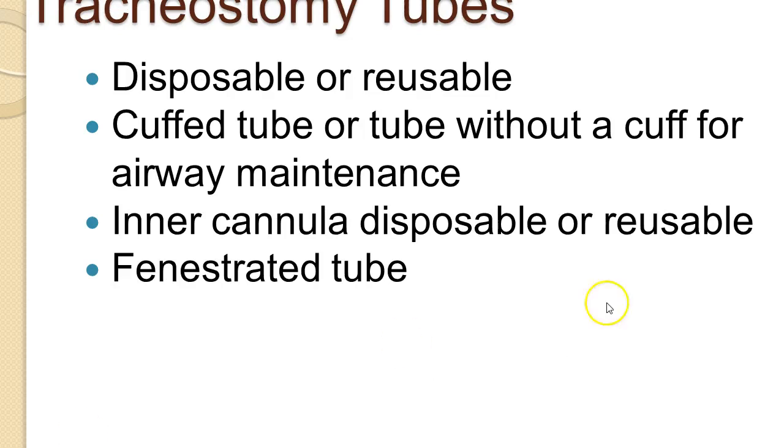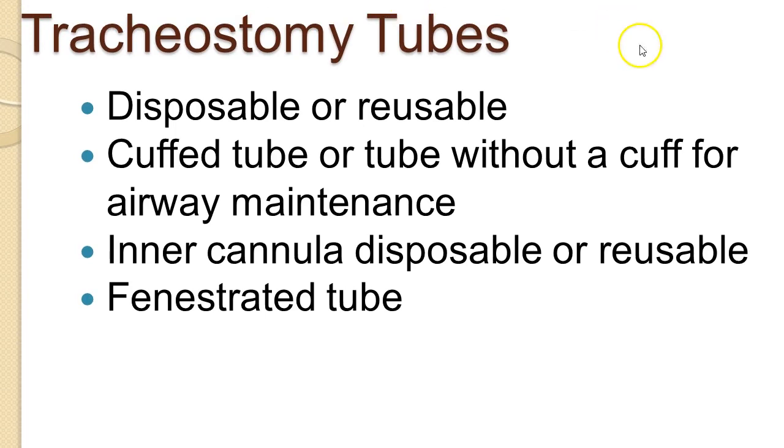Now these are the types of tracheostomy tubing: disposable or reusable, cuffed tubes or tubes without a cuff for airway maintenance, inner cannula, disposable, reusable, or a fenestrated tube. I'm going to go over this, but I think sometimes tracheostomies and the equipment that goes along with it really make a lot more sense when you have had experience taking care of a patient with a tracheotomy.